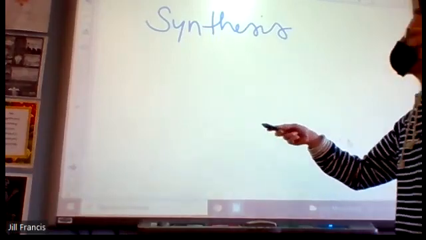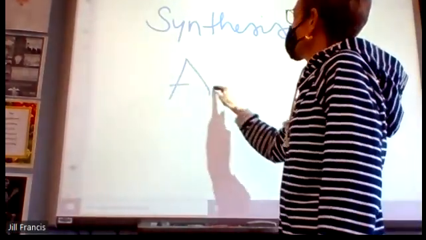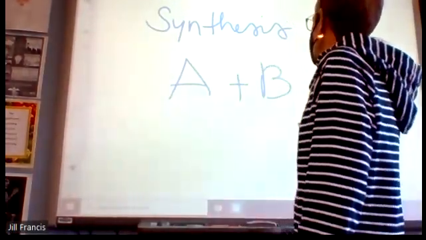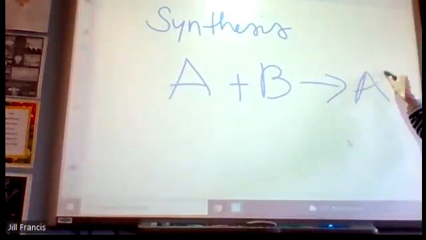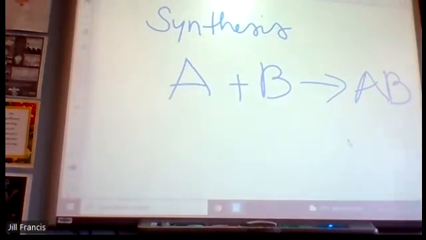So for synthesis, what you're always going to see, generically, is A plus B always goes to AB. So basically, you're taking 2 things, you're combining it into one, and we end up with usually just one product. We did that in a previous chapter.